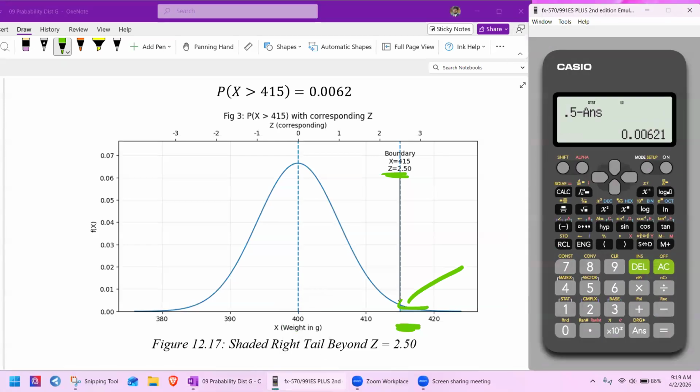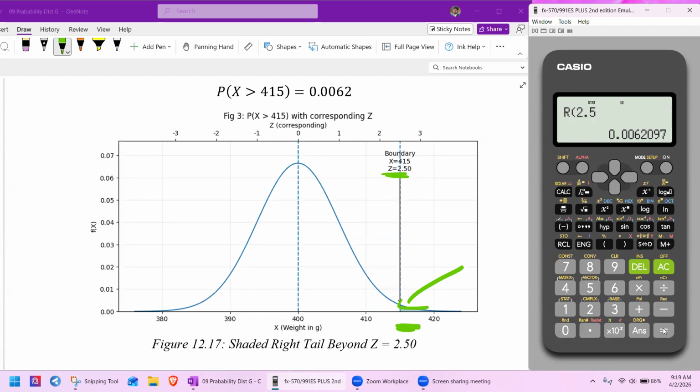This is the right side, so this is R. Set 2.5. See, we get the same answer without deducting.